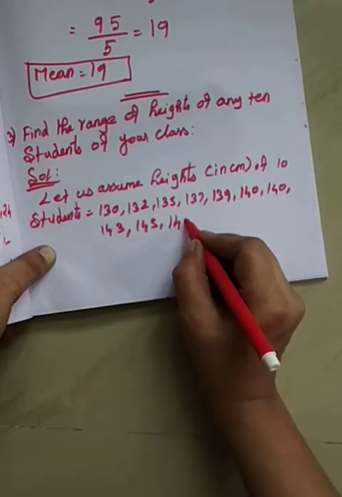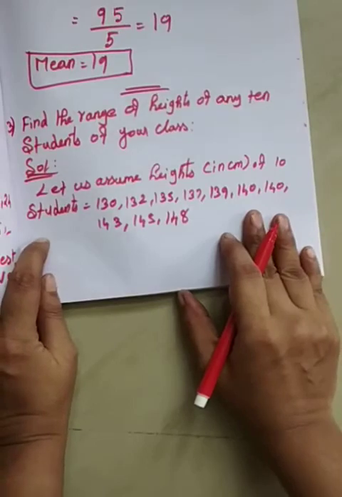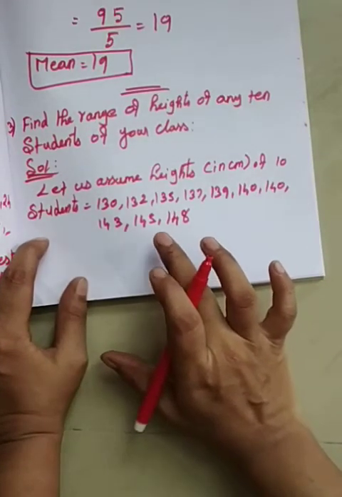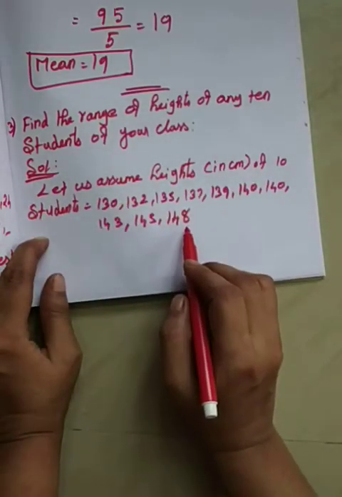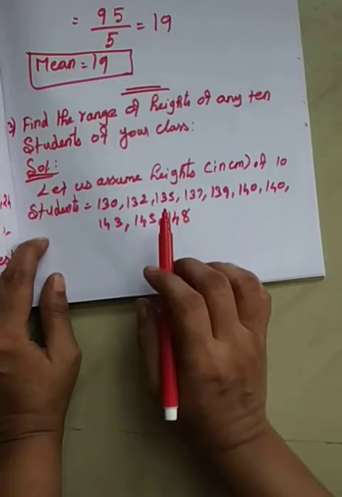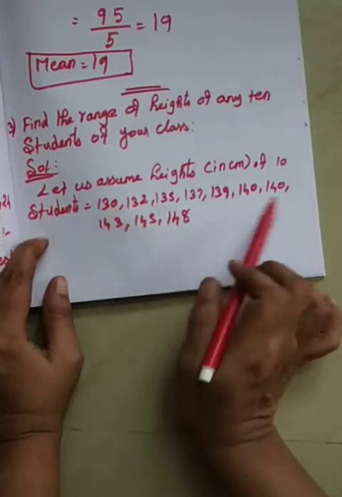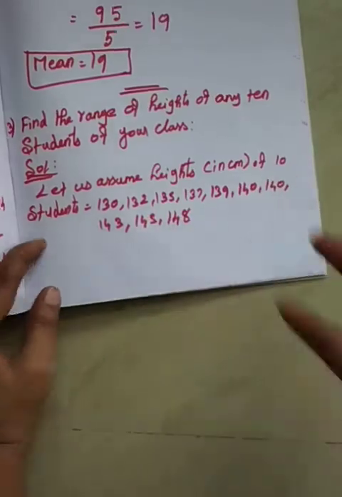You can consider 148. Okay, now by observing the above mentioned values, the highest value is what? See, which one is the highest value? 148. Next, by observing the above mentioned values, the lowest value is which one? 130.